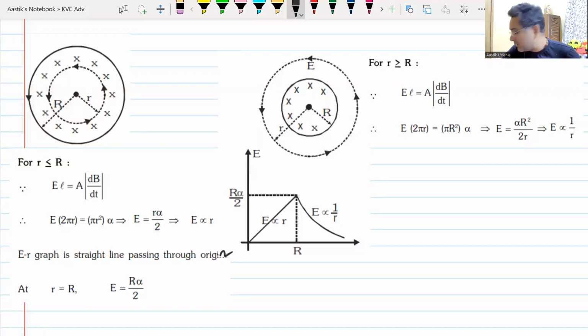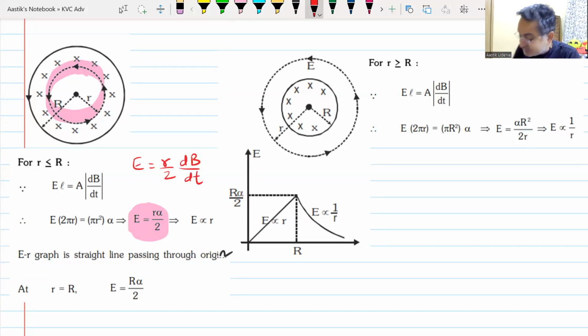Then we come to the last part where we find out the value of this electric field. Remember, this electric field is moving in concentric circles. Now, when you take any point inside this cylindrical space, the value of this electric field, instead of remembering it like this, you should remember it like this: E will be equal to R by 2 into dB by dt.